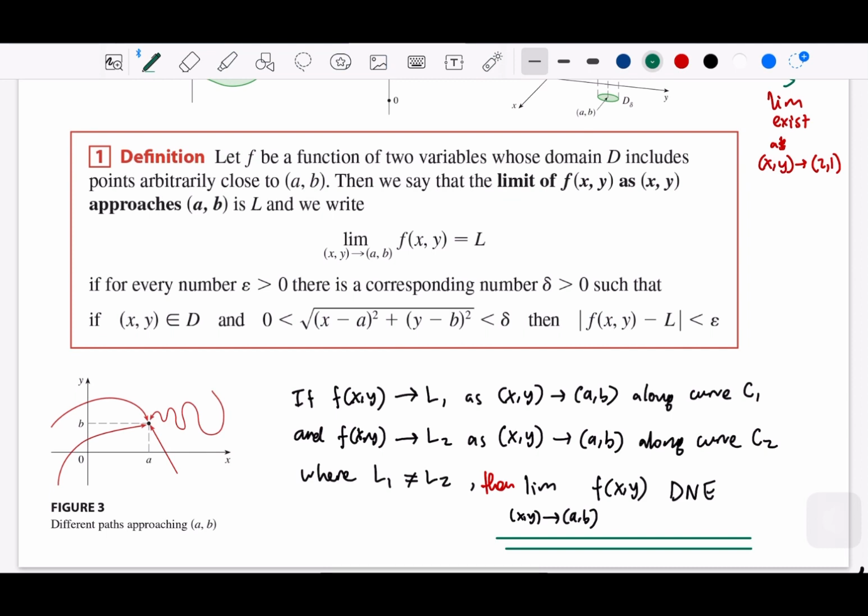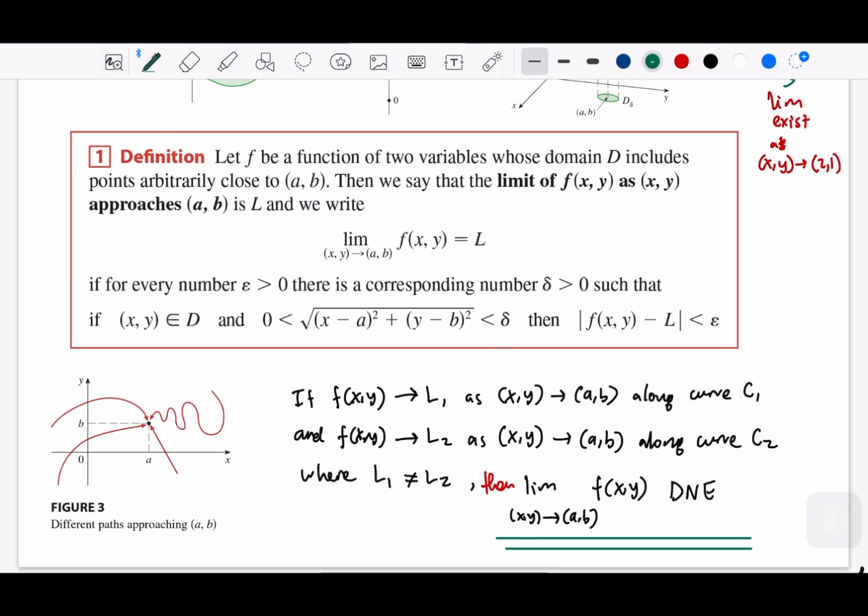So one typical question in this section will be the limit. You need to prove whether the limit exists or not if you approach some numbers. To analyze this, we need to take some C1 and C2, so we need to make up curves by ourselves.